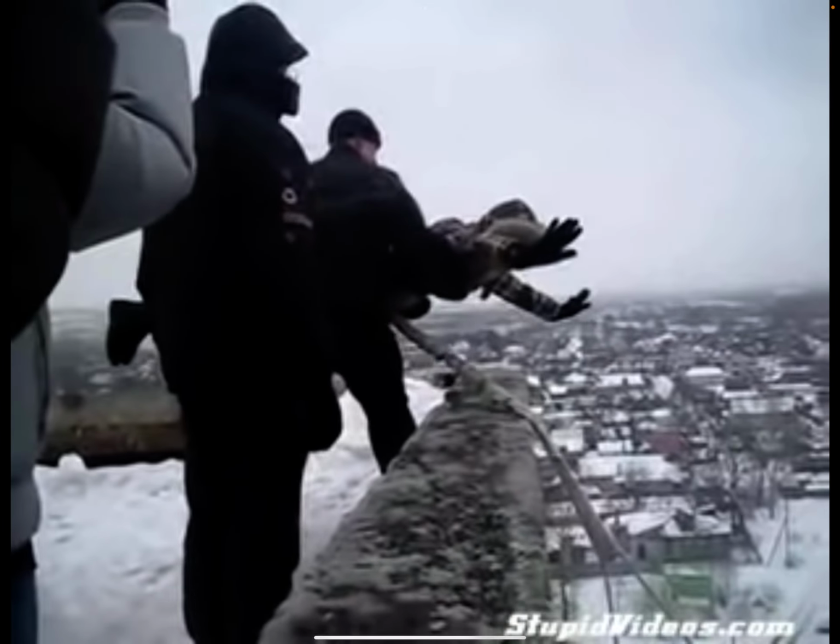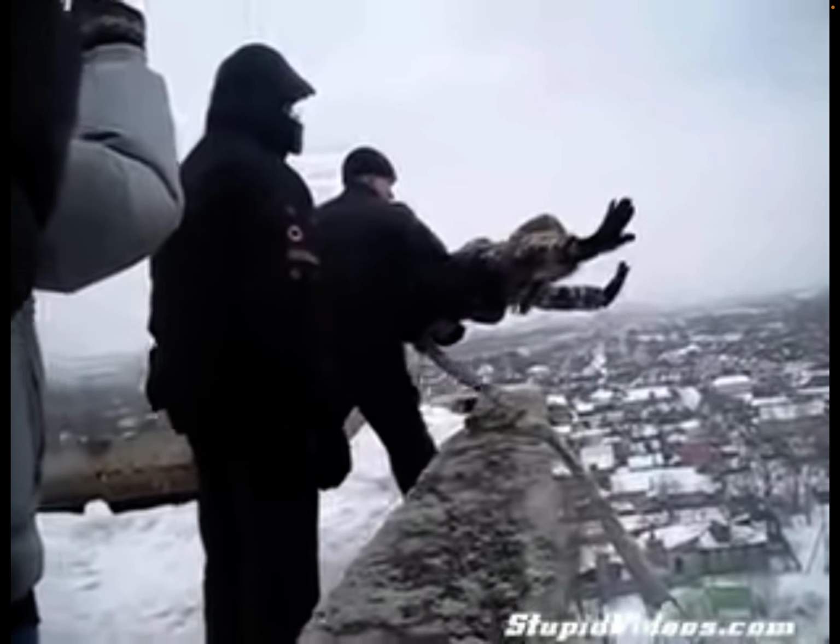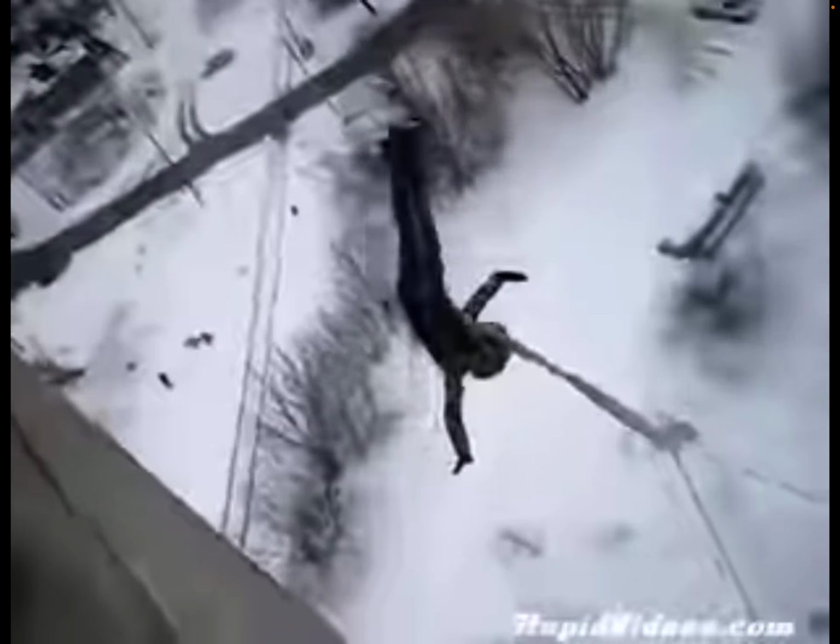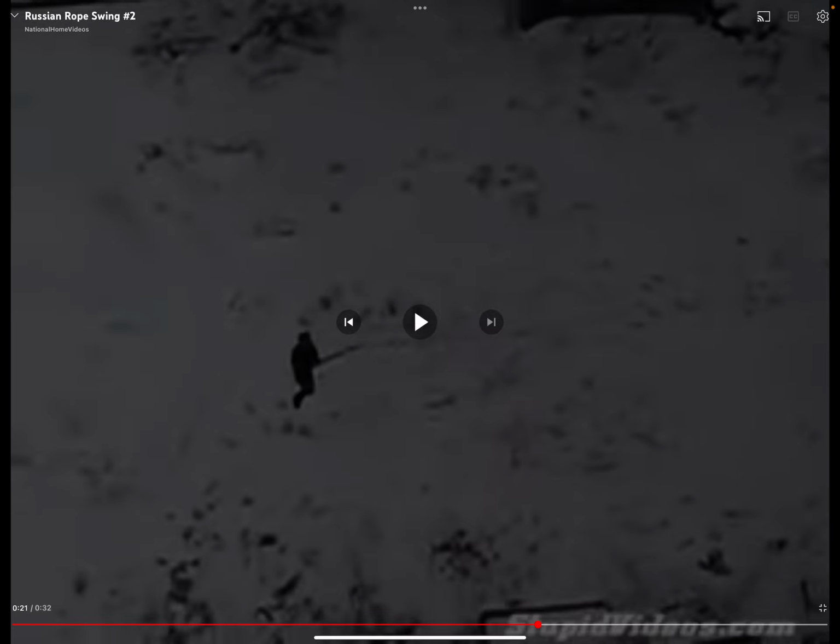My God. That one, I think she felt some impact, right? Her body twists a certain way. I don't think it should have twisted that way. That's what you do in Russia for fun, I guess.